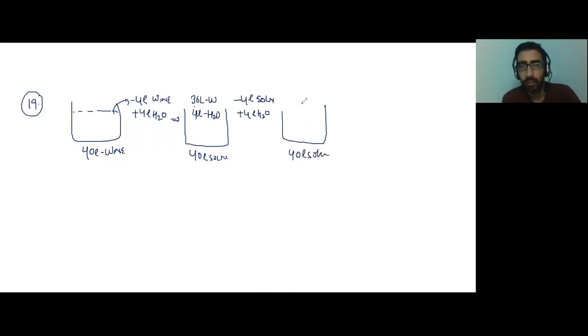What I want to share here is, if I had to see how much water and wine is being taken out from this 4 liter solution, it will be in the same ratio. 4 liters of mix is removed.